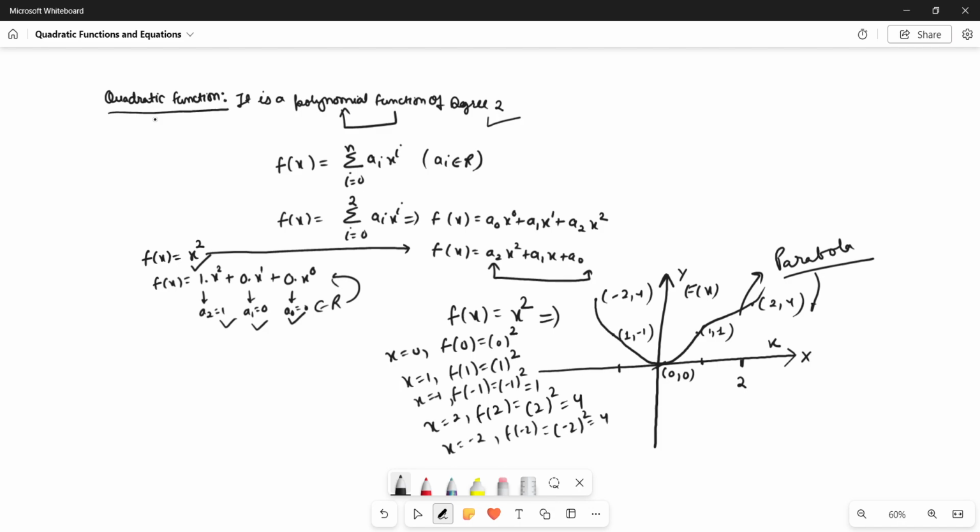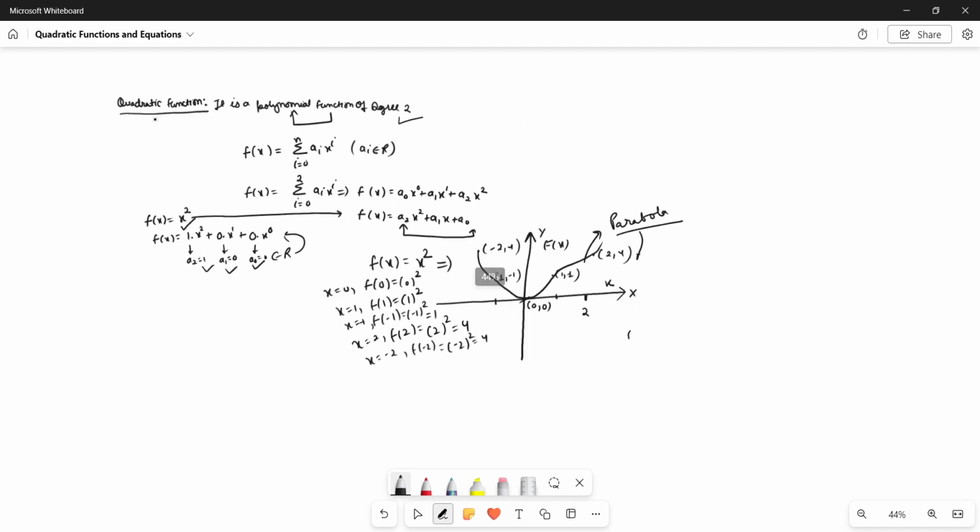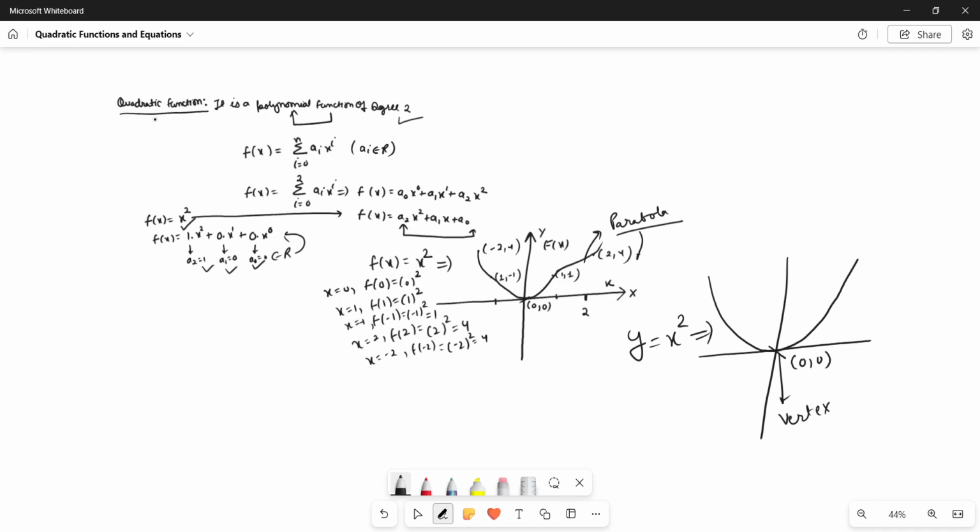So y is equal to x square looks like this. This is y equal to x square, where this point is 0 comma 0, and this point is called the vertex of the parabola.